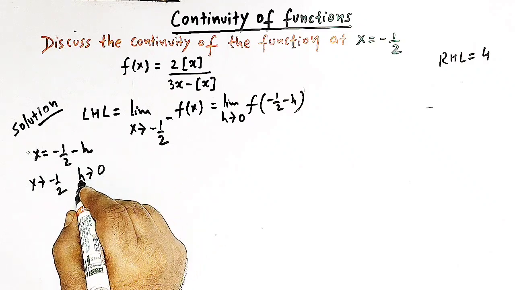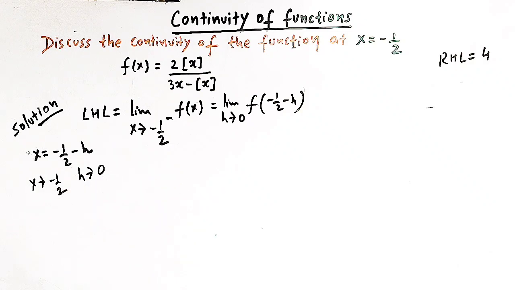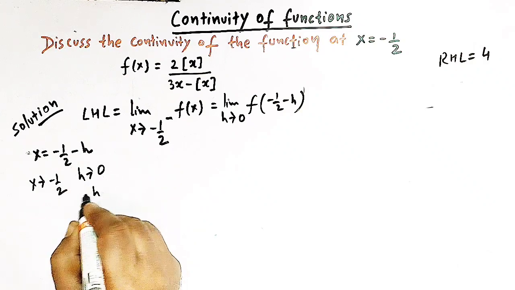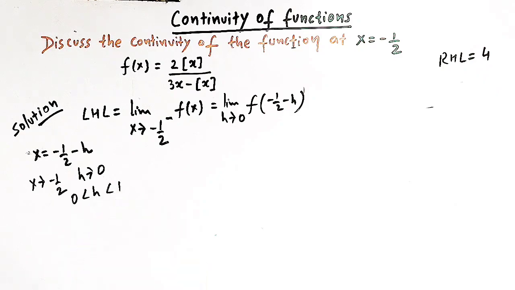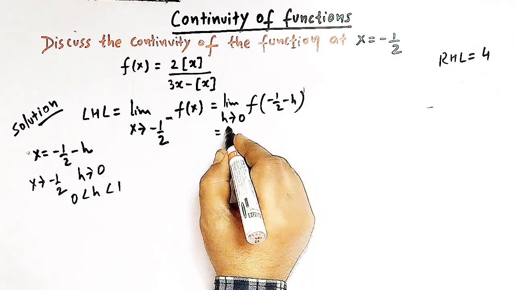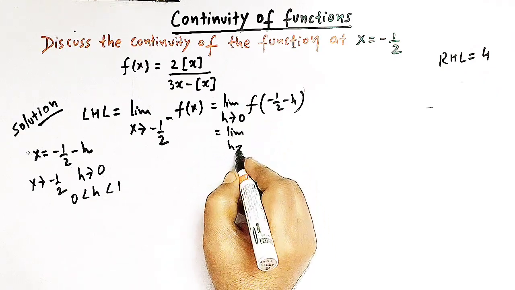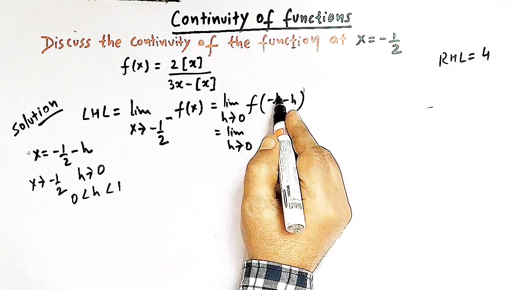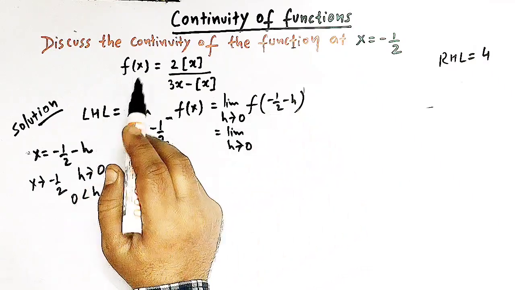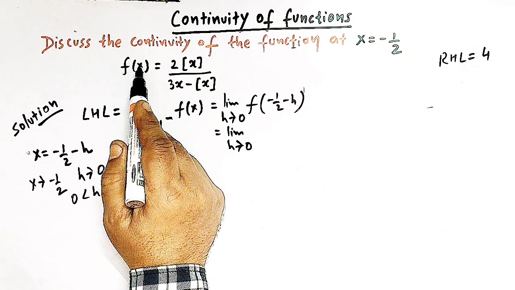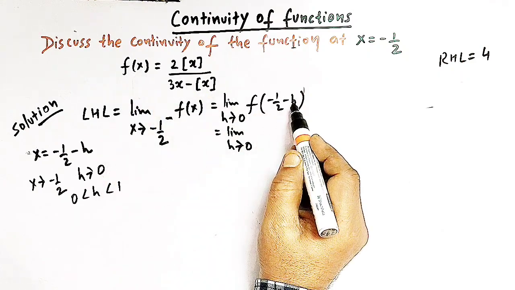And again this quantity h is infinitesimally very small, and h lies between 0 and 1. So now this limit is limit h tends to 0, f of minus half minus h can be obtained by replacing x by minus half minus h.